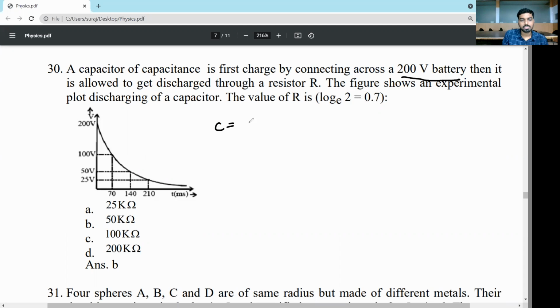C is equal to Q by V. V is given as 200 volts, so Q naught will be 200.